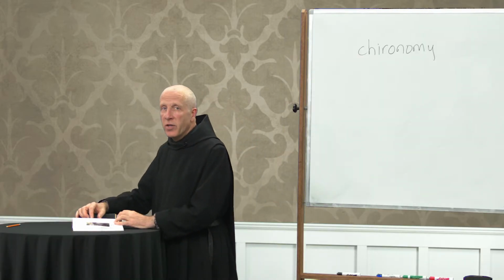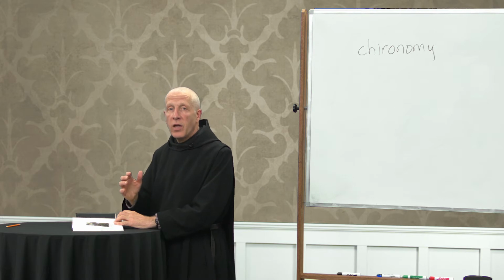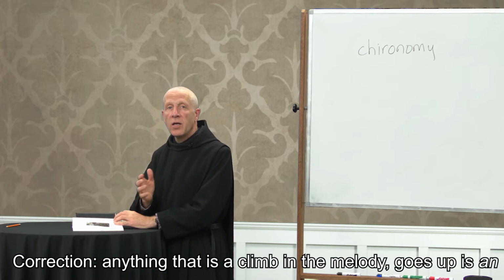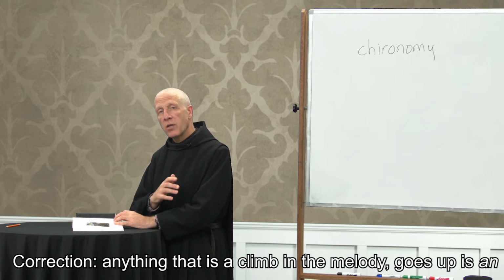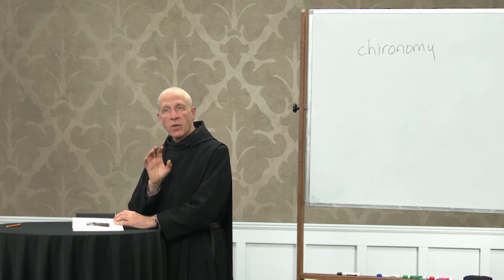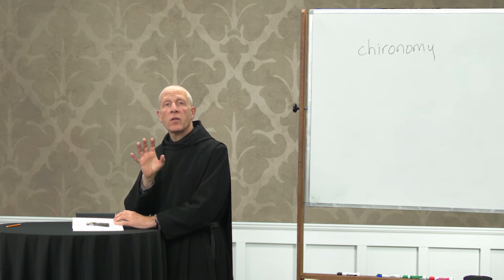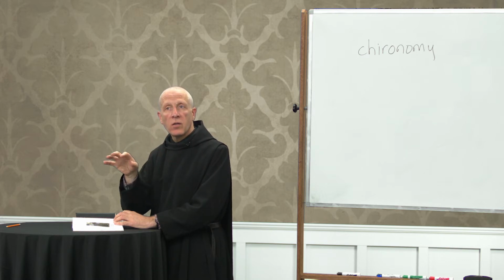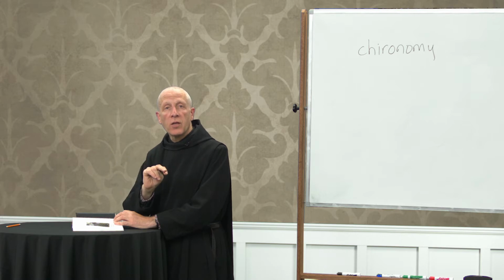So the first thing that the manual tells us is that anything that climbs in the melody and goes up is a thesis. Of course, we're again talking about an ictus, the ictus commanding the composite pulse that follows.